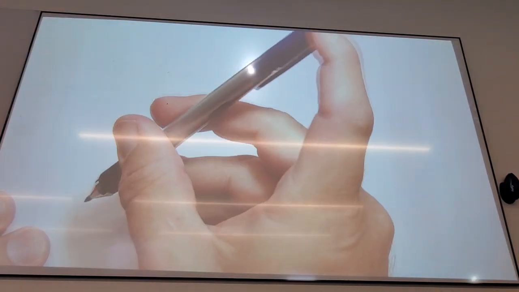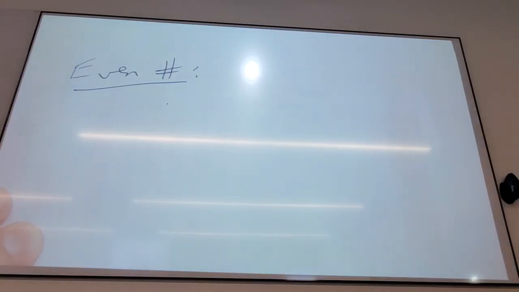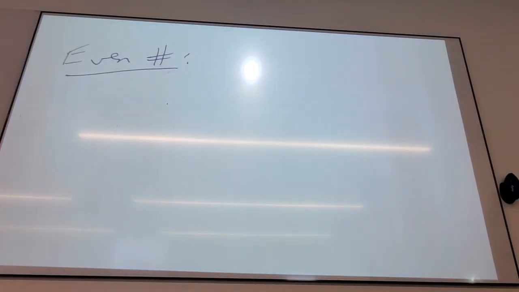Okay. So let me ask you this. Every even number, you can write it how? How can I write every even number? Not the definition, but how can I write it? So what is the definition? Let's start there. What is the definition of an even number?